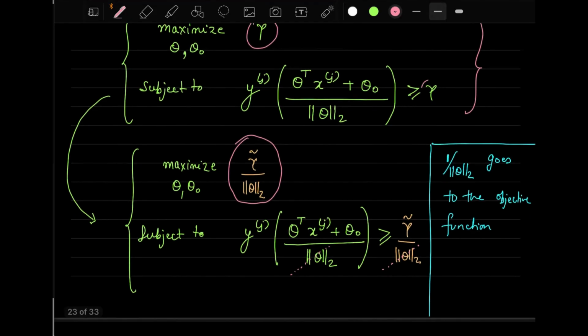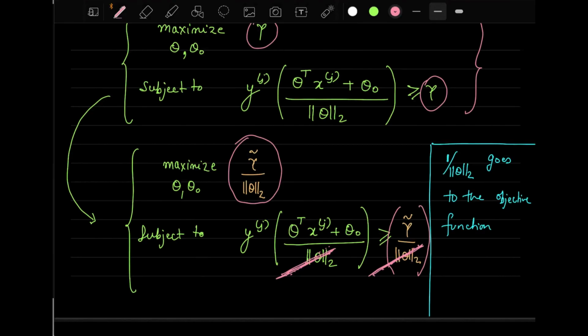Now you can see that the L2 norm of theta in the denominator cancels out because of this substitution that we have done.